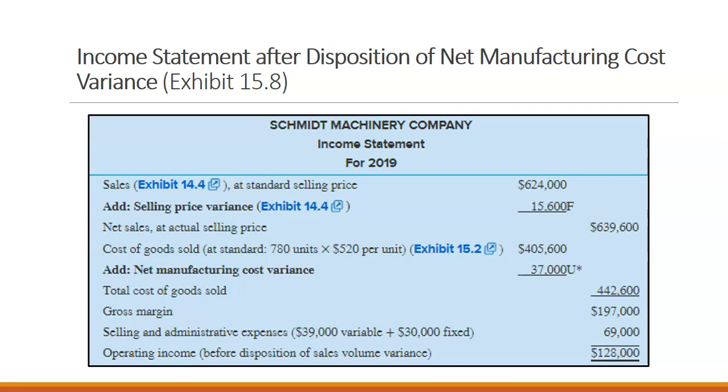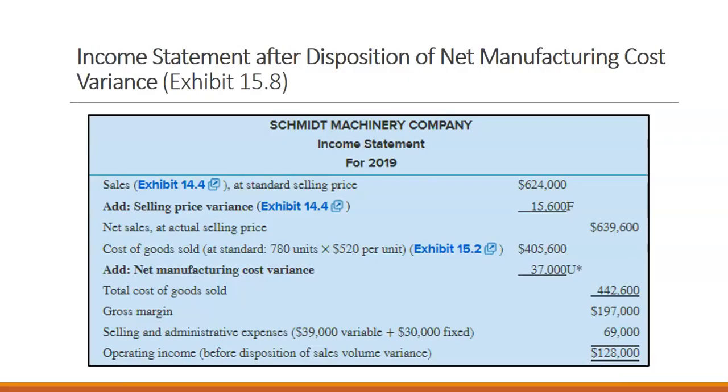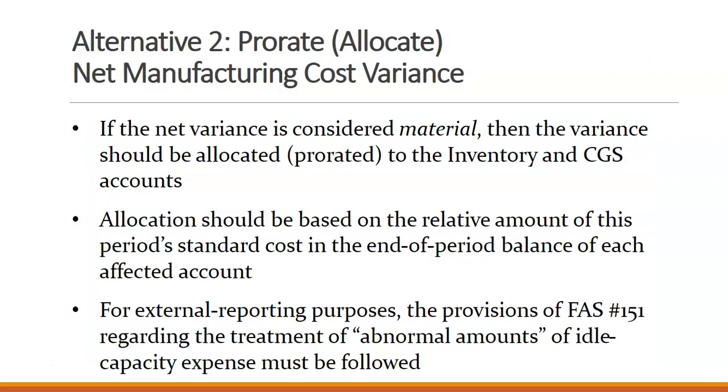So that unfavorable cost variance is built out of these variances. Our direct materials variances, direct labor variances, and our overhead variances all add together to a total cost variance of $37,000 for manufacturing. That ends up in our cost of goods sold, which then changes our gross margin for our income statement.